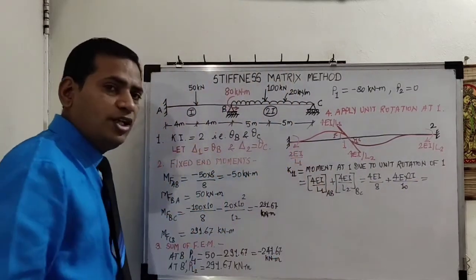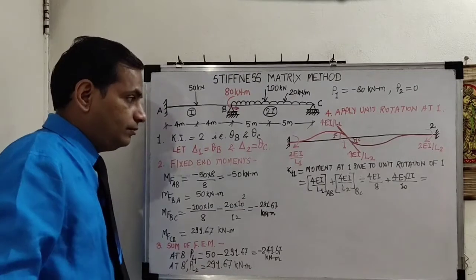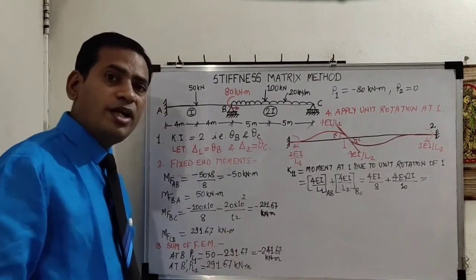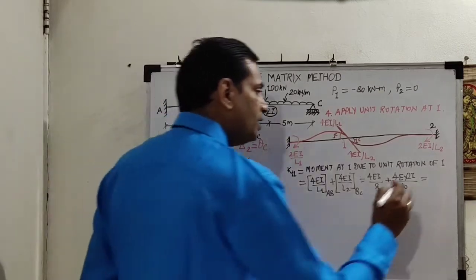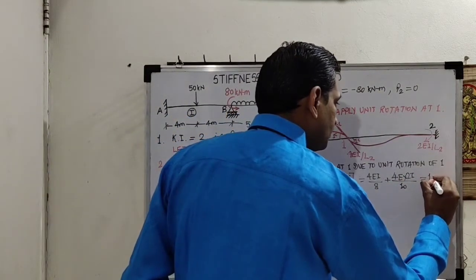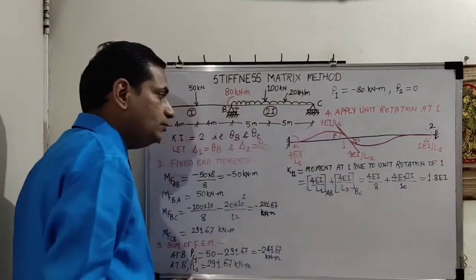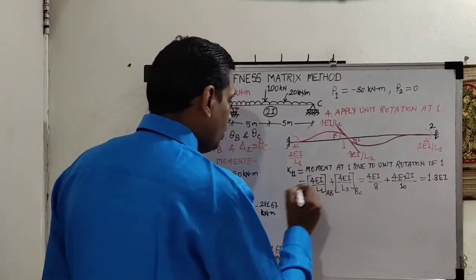So 4 by 8 is 1 by 2, it means 0.5, and 4 into 2 is 8, 8 by 10 is 0.8. So 0.5 plus 0.8 is 1.3 EI. Then K21.